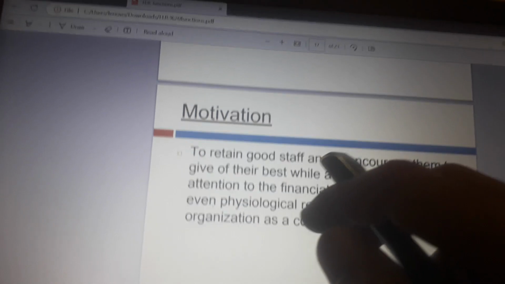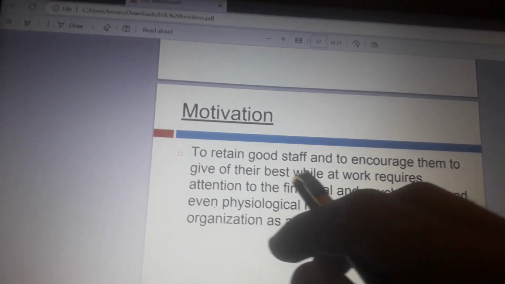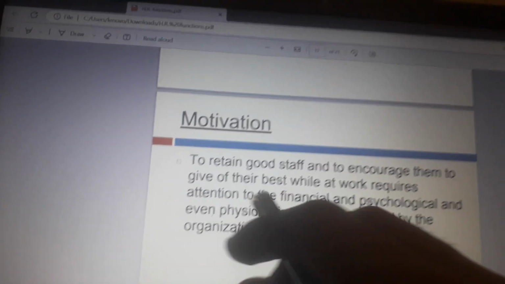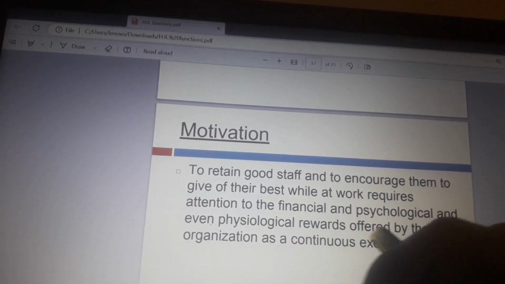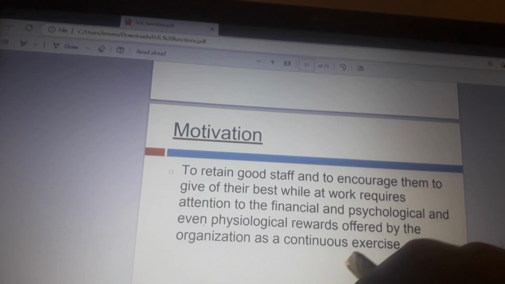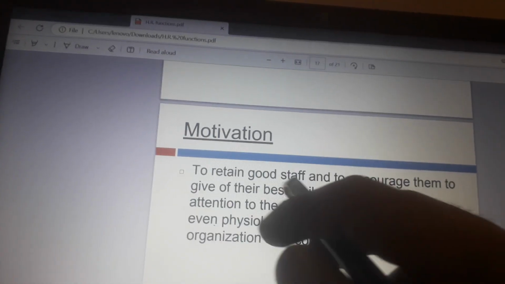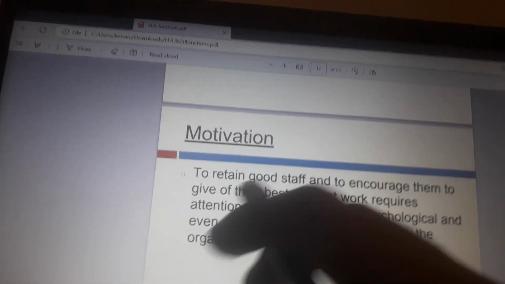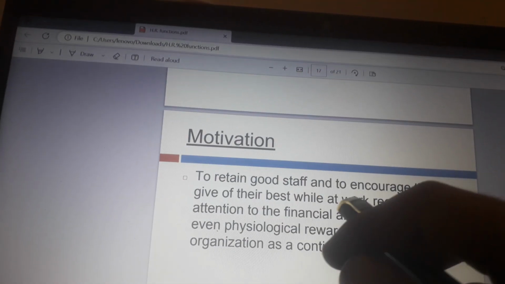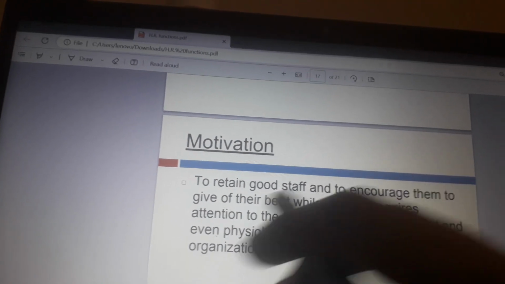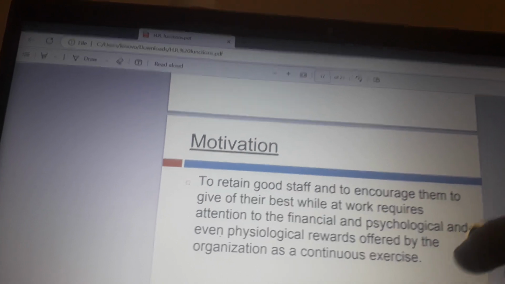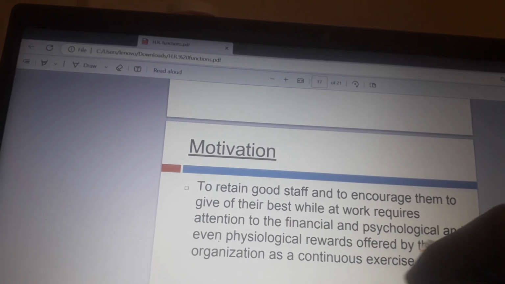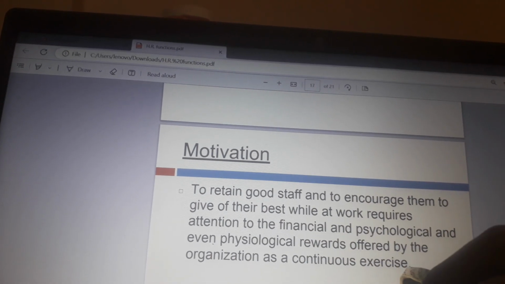To retain good staff and to encourage them to give of their best while at work requires attention to the financial and psychological and even physiological rewards offered by the organization as a continuous exercise.